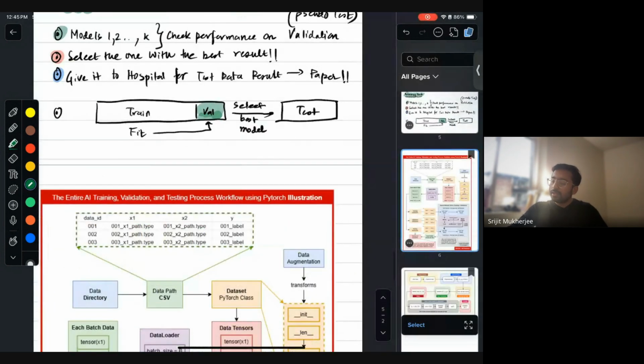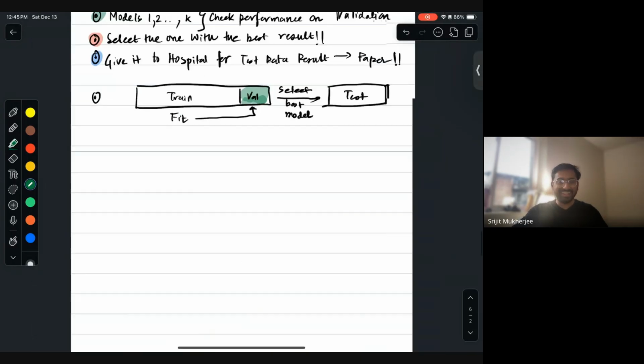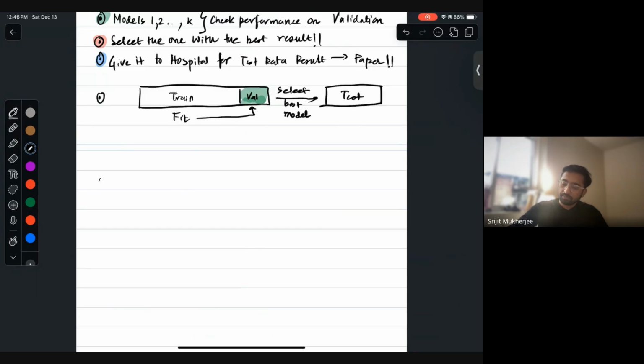Now, here there is another question. You want the model to be robust, right?